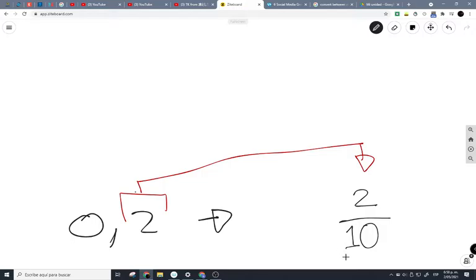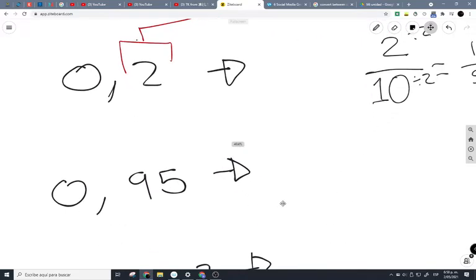Okay, so it's 2 over 10. Then we can simplify it. 2 over 10 can be divided both by 2. It's 1/5, and there we cannot do anything else. So 0,2 is 1/5.